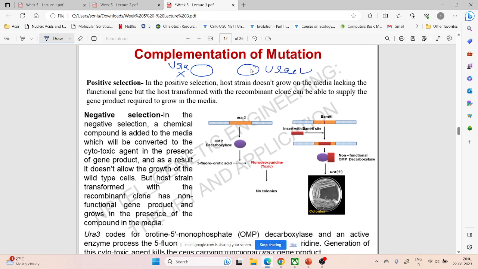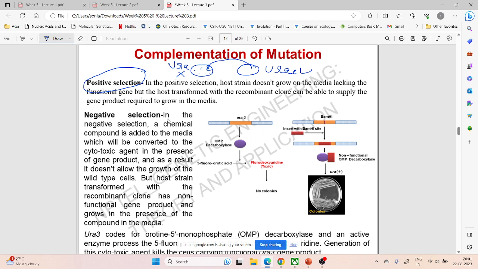So when it is transformed, the biosynthesis pathway gets completed because uracil is present, and therefore colonies are cultivated because uracil is coming from the recombinant clone. So why is it called a positive selection? Because the clones grow since uracil is present in the recombinant clone. That means the functional gene is present in the vector. When a functional gene is present in the vector, that is known as a positive selection.